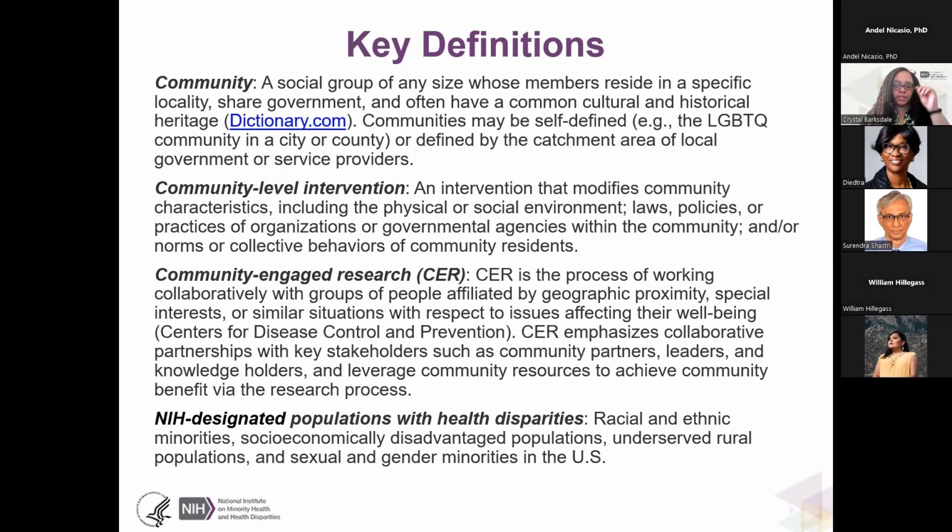Community-engaged research approaches emphasize collaborative partnerships with key partners, such as community leaders and knowledge holders, and leverage community resources to achieve community benefit via the research process. Examples of these approaches include participatory action research, community-based participatory research, team science, empowerment evaluation approaches, community asset mapping, and citizen science.